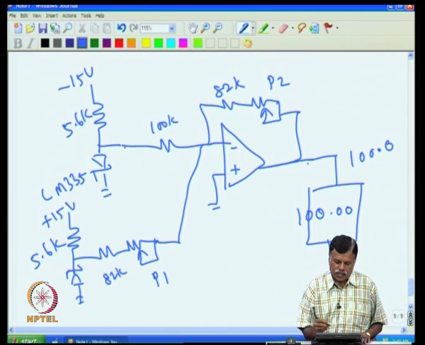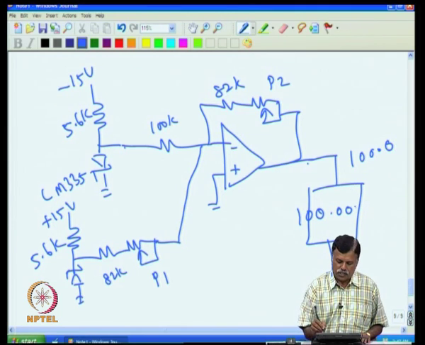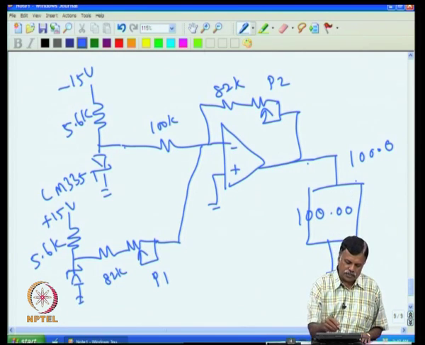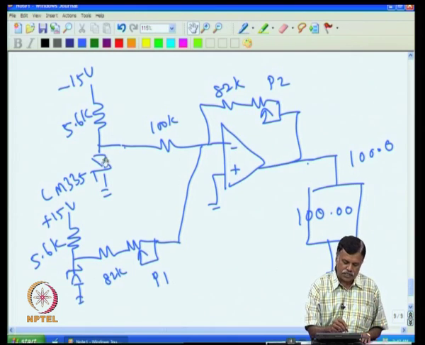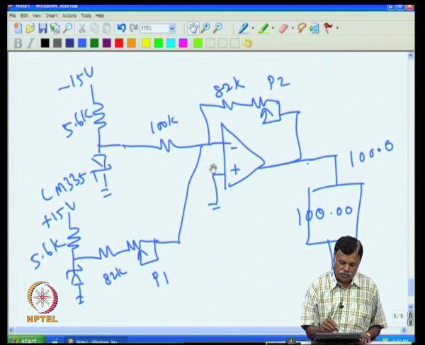We may ask how accurate this sensor is, once you calibrate. Once you calibrate, the instrument will give you 0 degree C as 0 volt, 100 degree C as 100 volt. But then when the room temperature changes, not the temperature of this, assume this temperature is fixed, it is not changing, but the room temperature is changing, then all these components which are in the room will change.